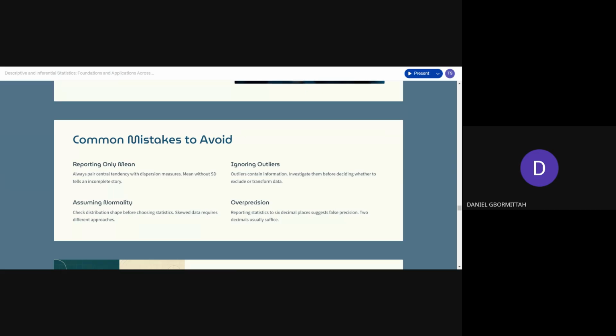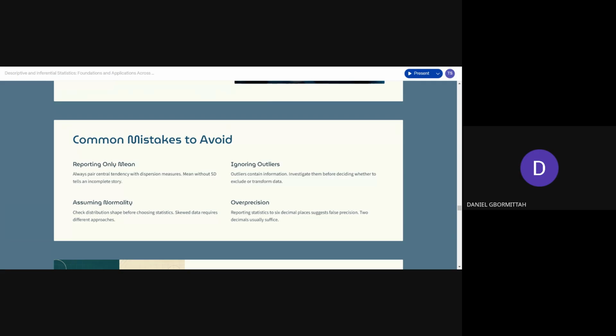Then, on assuming normality, check the distribution shape before choosing statistics. You must always check whether your data, your student performance, is normally distributed before you think of choosing either parametric or non-parametric methods. If the shape you draw is normally distributed, then you can use parametric methods.